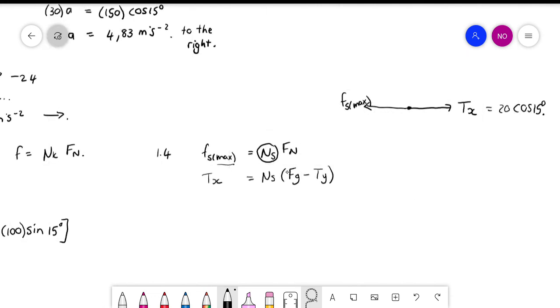So this one is 20 cos 15 degrees. This is 30 times 9,8, and this is 20 sine 15 degrees. En daai ding is dan gelyk aan 0,067 sonder eenheid.